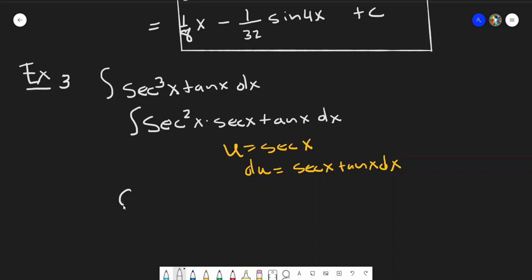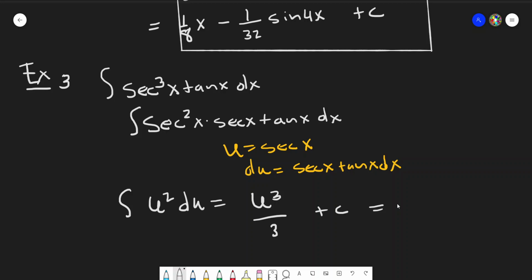So we have the integral of u squared du, which is going to be u to the third divided by 3, plus c.